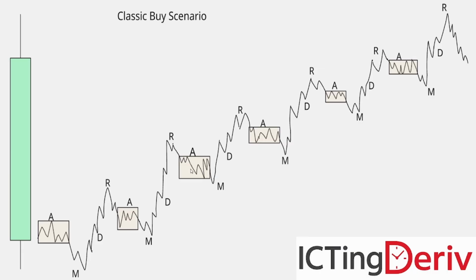It starts the cycle again: accumulates, manipulates, distributes, retraces, all the way till the wick or the high is formed, right? And then price retraces, and probably the candle will close somewhere around here, which would be this closing price, and we would have printed a bullish candle like that. So that is the classic buy scenario.